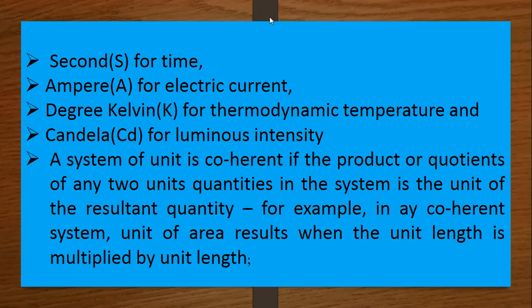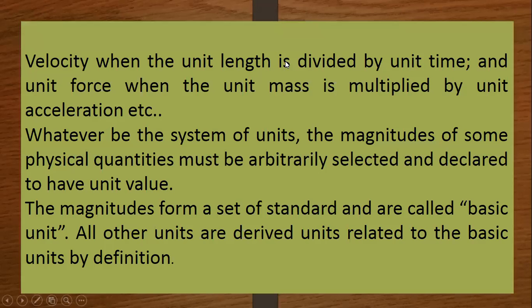For example, in any coherent system, the unit of area results when the unit length is multiplied by unit length, that is meter into meter, square meter, that is the unit of area. What is the area unit? Square meter or meter square.